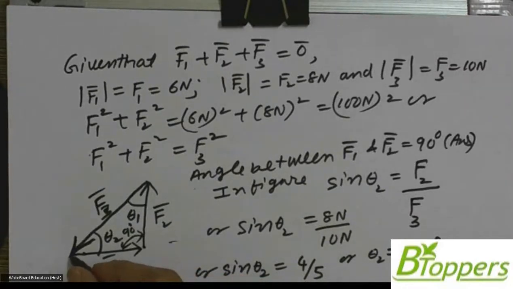So if you produce the direction of F3 bar like this, this should be the angle between F3 bar and F1 bar, which is equal to 180 degrees minus theta 2.